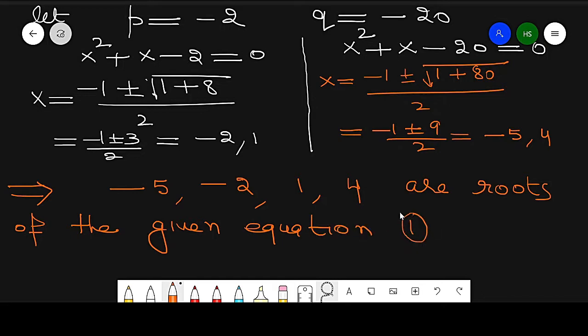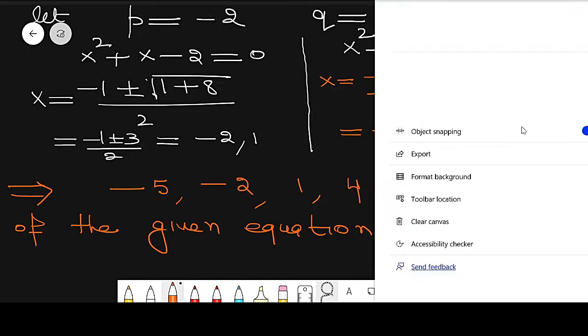Now it satisfies the given condition: the difference between two roots is equal to the difference between the other two. You can check that. This value will become minus 5 minus 1, so this is minus 6. Similarly, minus 2 minus 4, so this is again minus 6. So that means it also satisfies the condition.